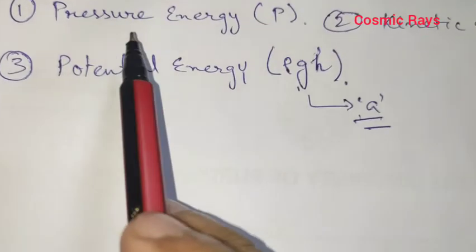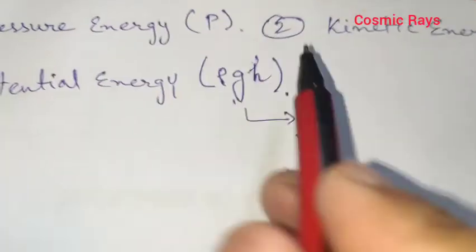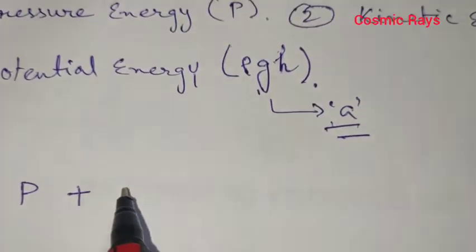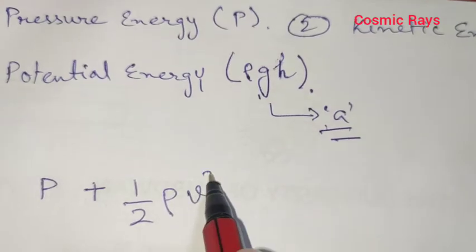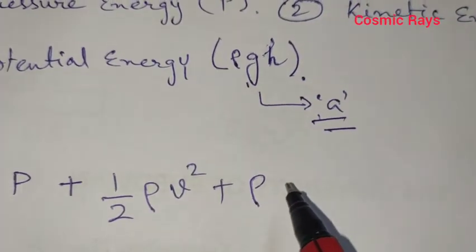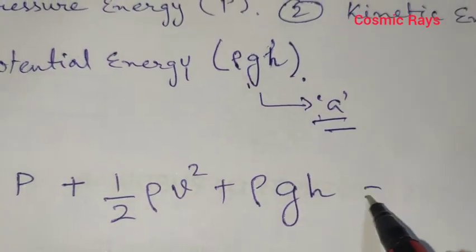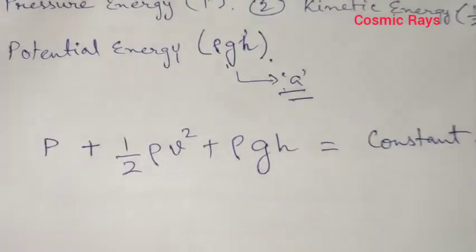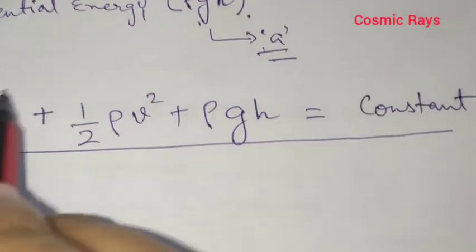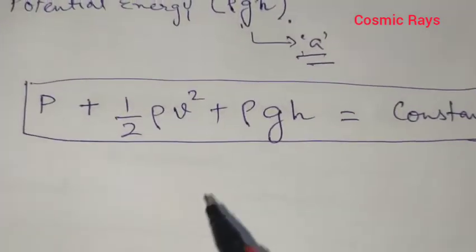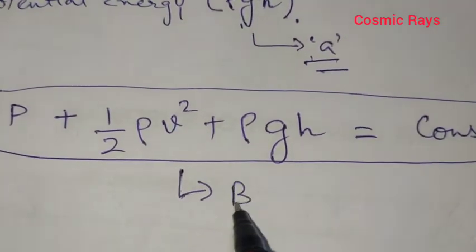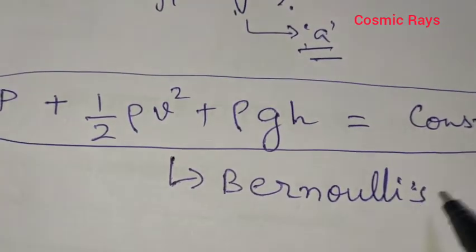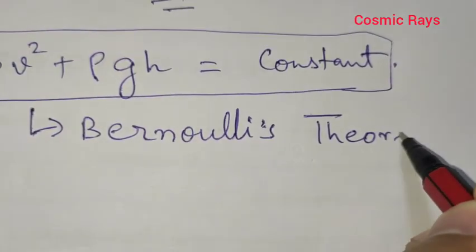Now if we combine all three, then the sum of pressure energy plus the kinetic energy plus the potential energy is always a constant for a flowing liquid, and this is what is known as the famous and important Bernoulli's theorem or Bernoulli's principle.